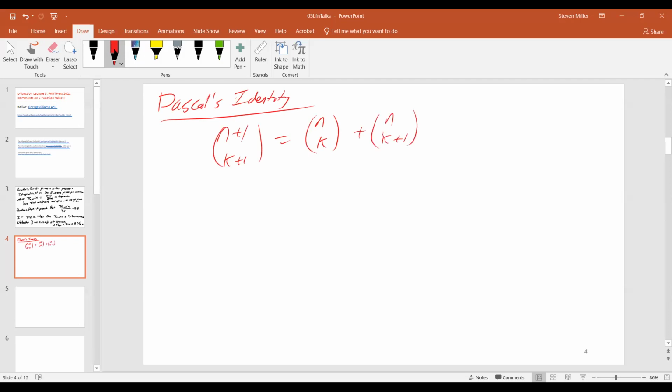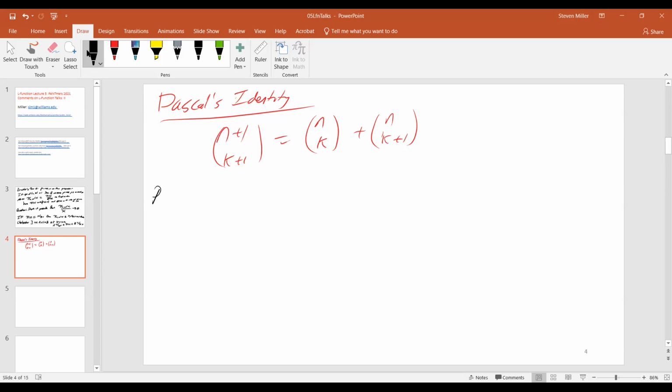Right. I am assuming everyone has seen this. If you haven't seen it, just pretend that you've seen it. Anybody know how to prove this? You can prove it with the definitions, I think.